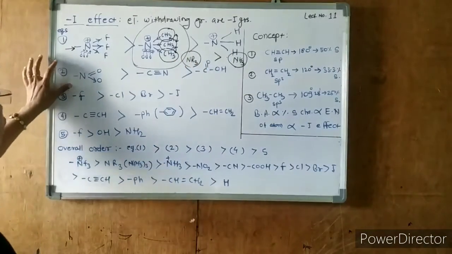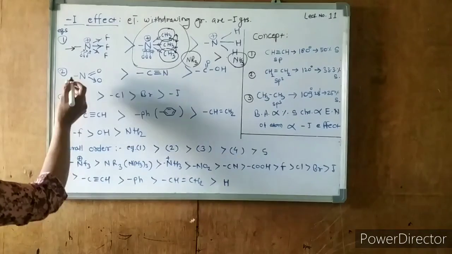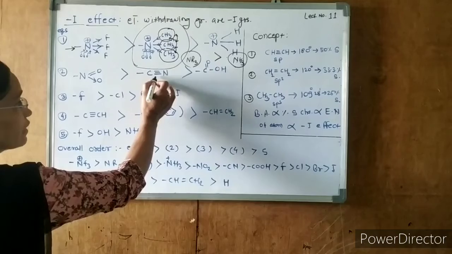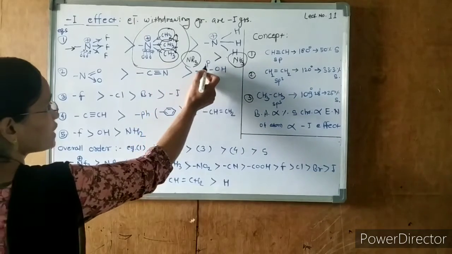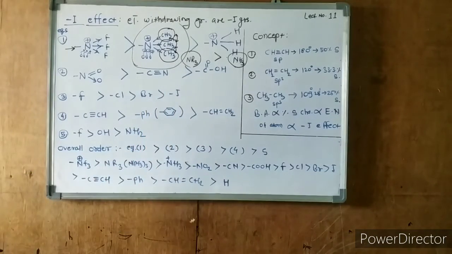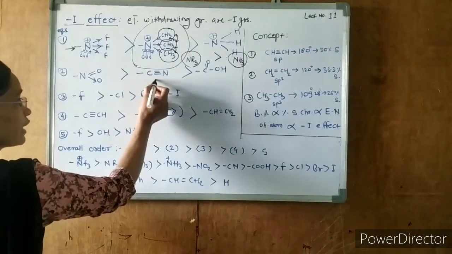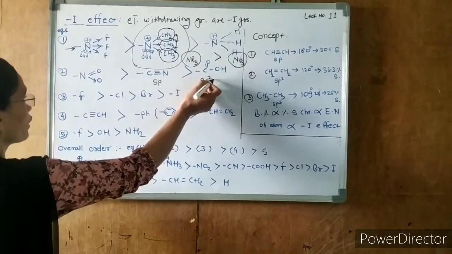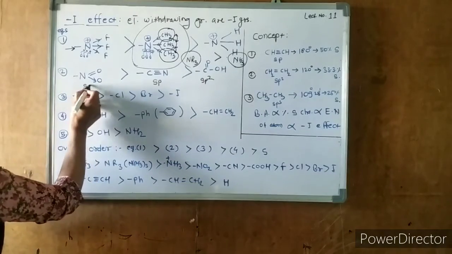Now we will see the second example. In the second example, NO2 group is there, then cyanide, that is a C triple bond N, and COOH acid group is there. Now here this carbon is an sp carbon, this carbon is an sp2 carbon, and this carbon is also sp2 carbon.